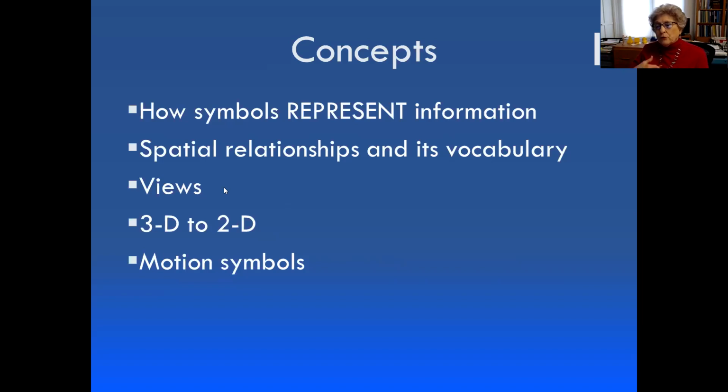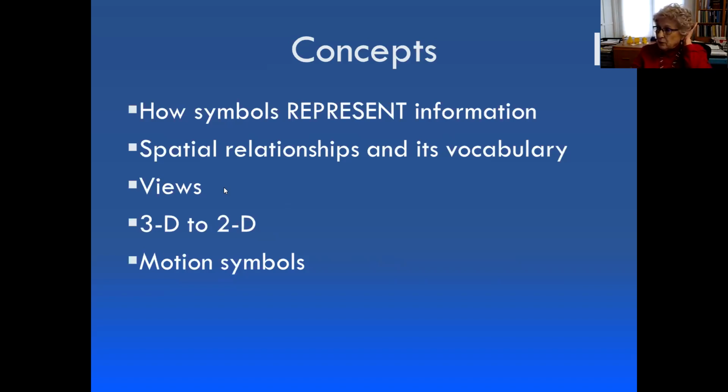You're going to want to go through some real life activities with kids to help them understand what those views are and where they come from. And so we're talking about cross section, frontal, aerial or top view, side view, that whole group of things.